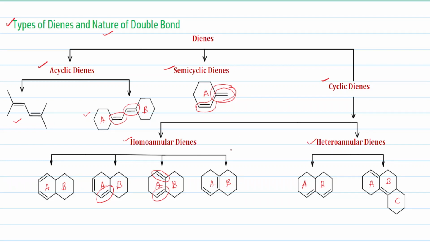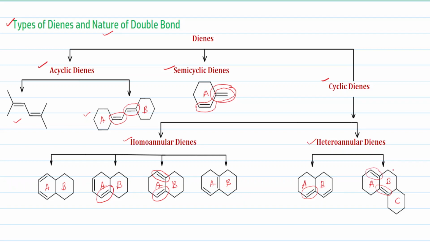Now in this case this double bond is attached to two carbons of this B ring, therefore it is not an exocyclic double bond. If it is attached to one carbon, then it is exocyclic. In this case, this is the exocyclic double bond, and for ring A, this one is exocyclic. For ring B, this double bond is exocyclic.